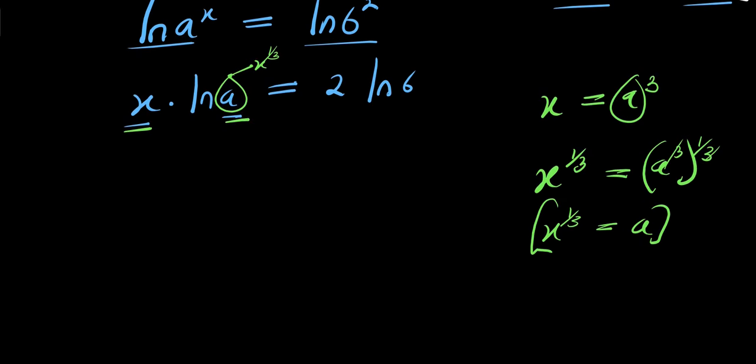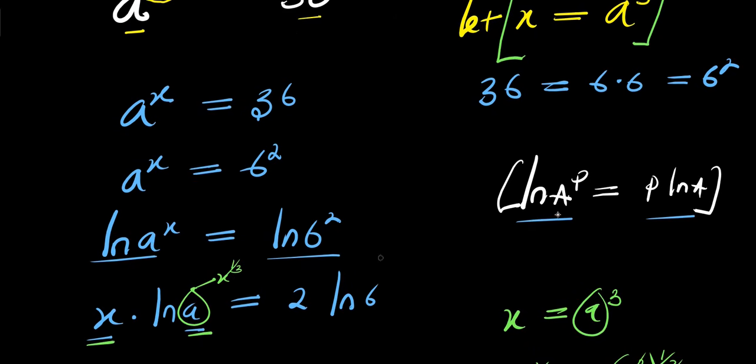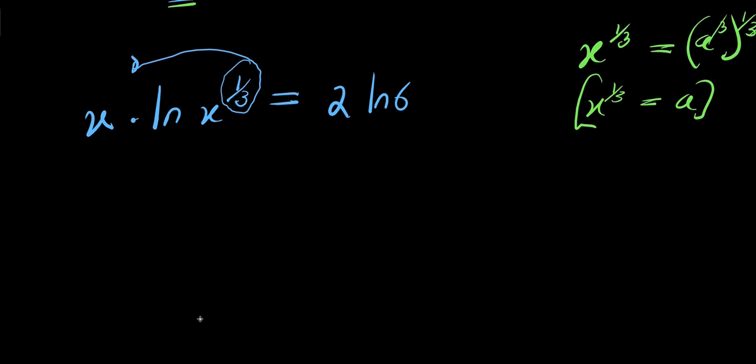So we have x times natural log of x^(1/3) equals 2 times natural log of 6. Then this will definitely come behind, based on this particular identity: natural log of a^b equals b times natural log of a.